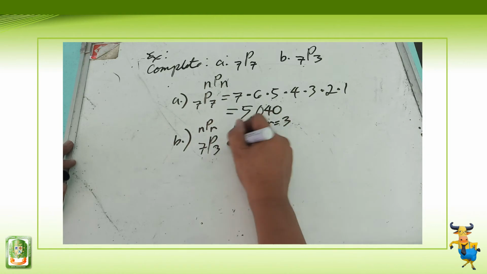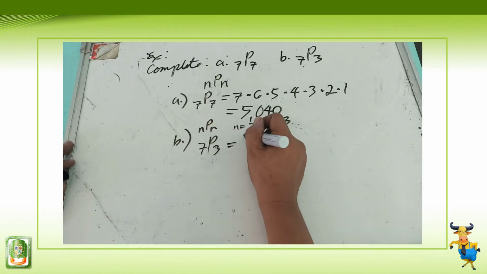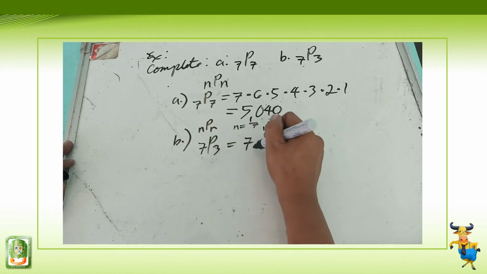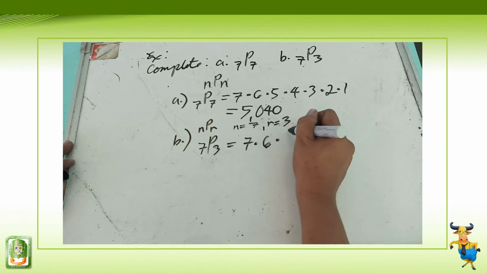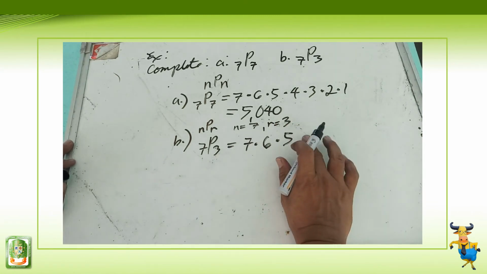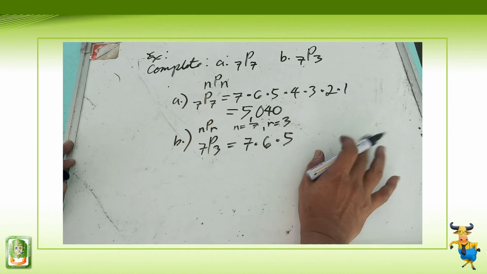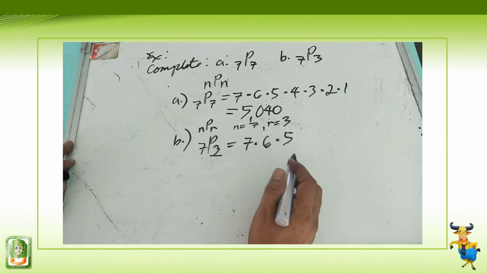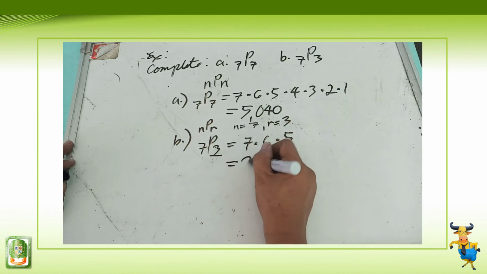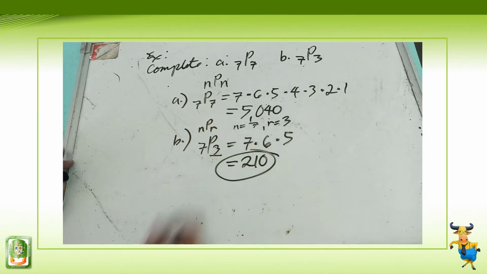The given is 7 times 6 times 5. Nawala na po yung 4, 3, 2, 1, tatlo lang kasi ang ating kukunin. So, it is equal to 210. Is that clear? Okay.